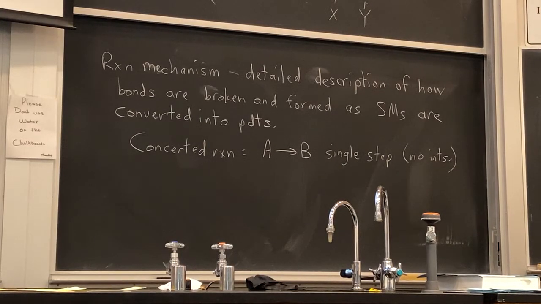That means that all of the bond breaking and bond making events are occurring simultaneously. We're not generating an intermediate species that then gets converted into the product. So a concerted reaction has a single step. All the bond breaking and bond making events are occurring simultaneously.